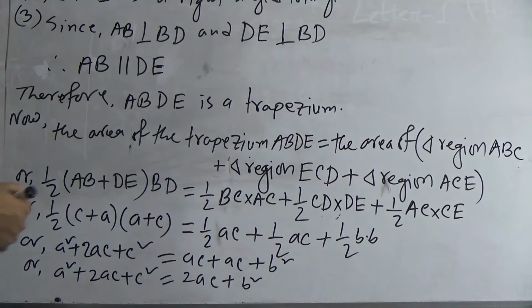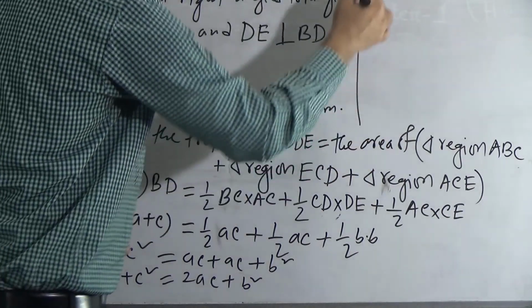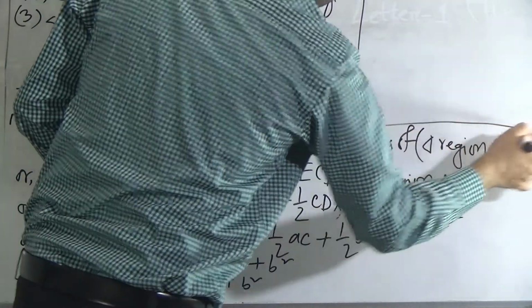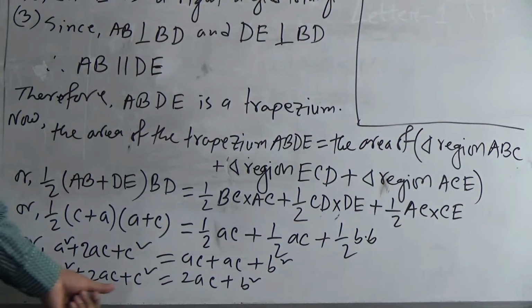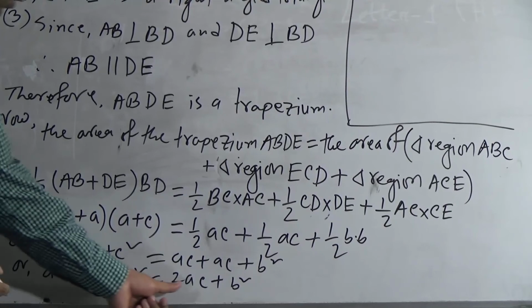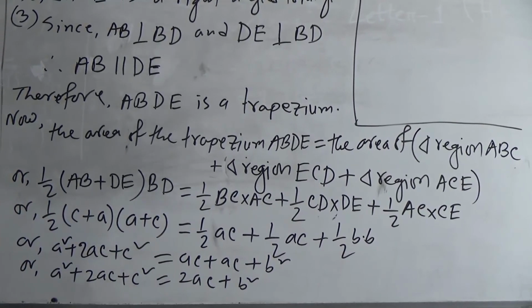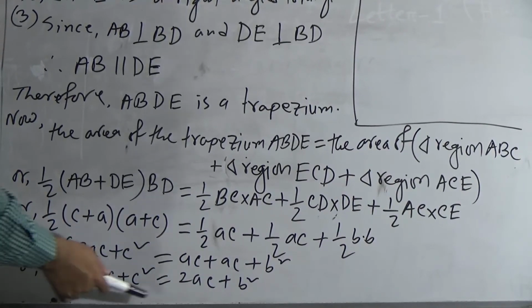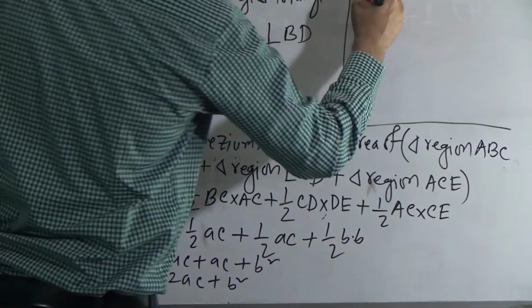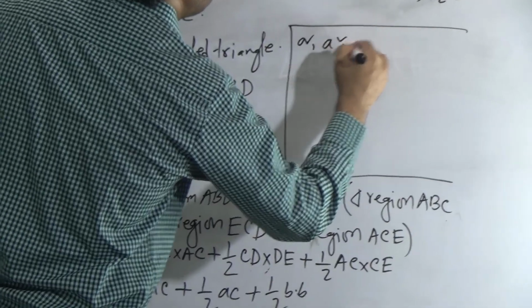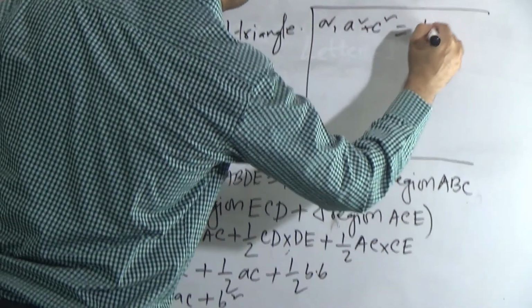Now we can prove that here. A square plus C square, and 2AC on both sides we can remove. So we can write A square plus C square is equal to B square.